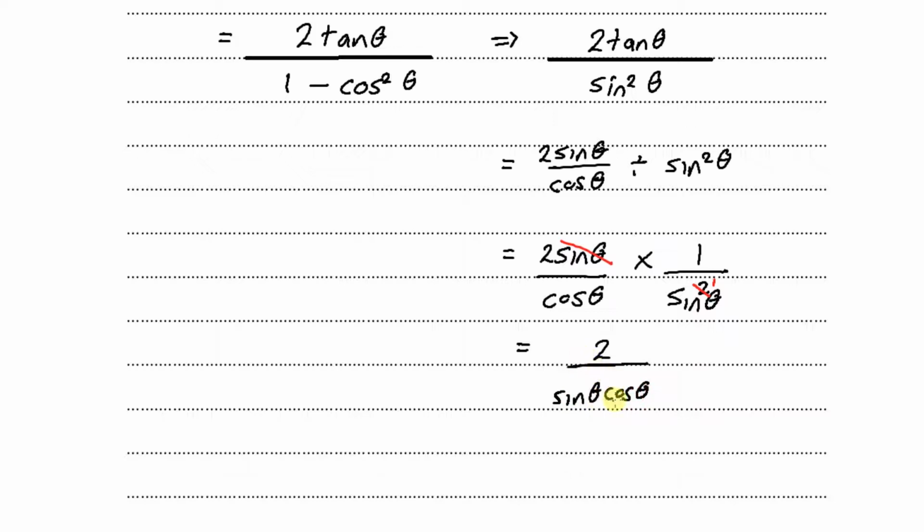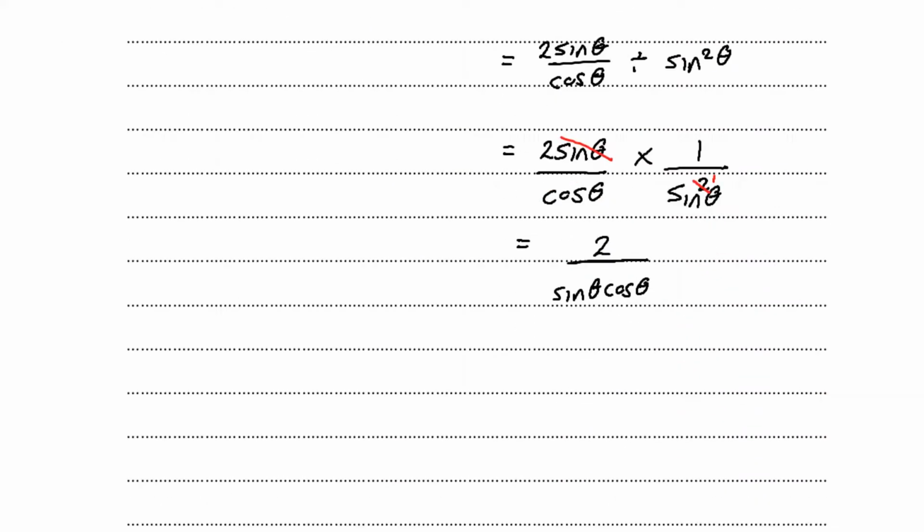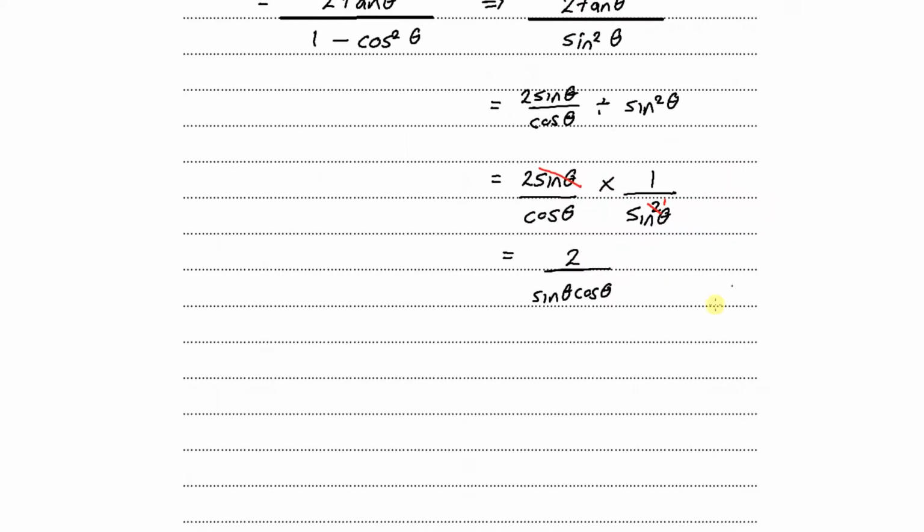So this becomes the result. Now if you look, this is actually what they want us to find, 2 over sine theta cos theta, and that's what we have right here. So I can say hence shown.